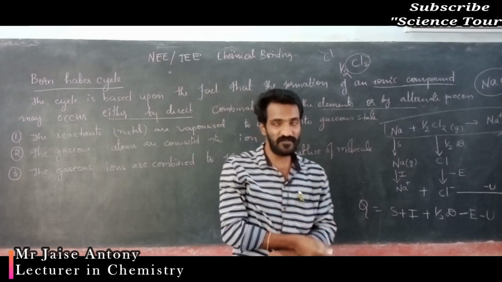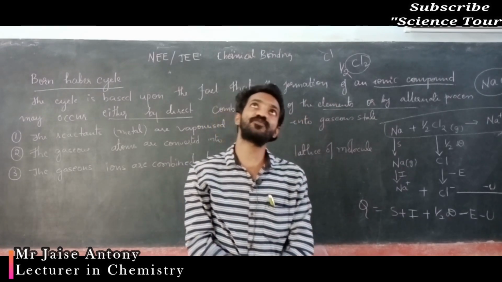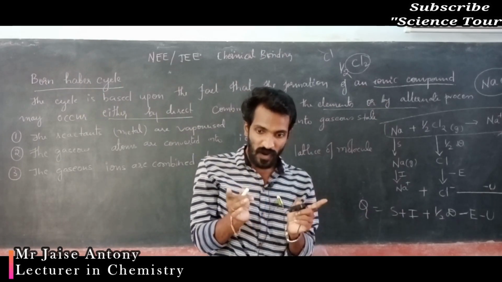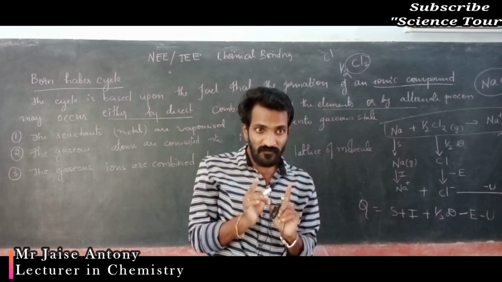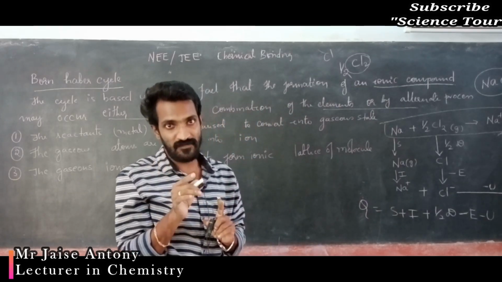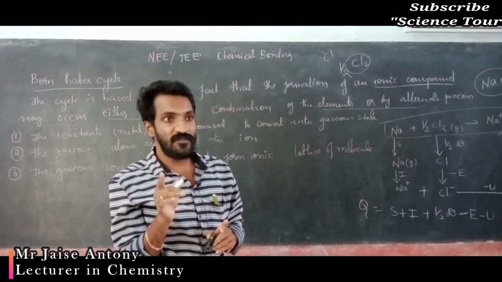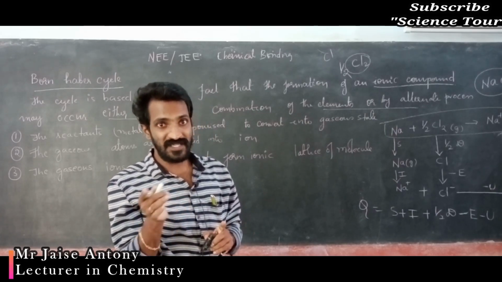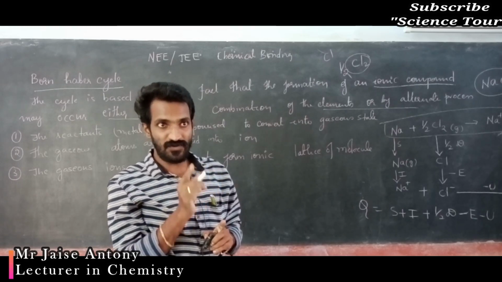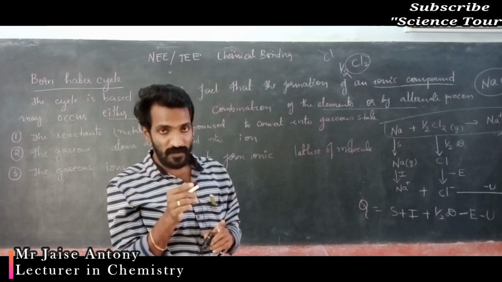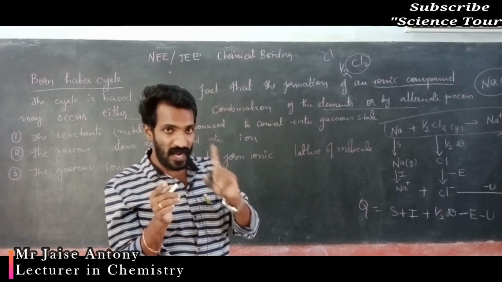Understood? Don't get confused. So sir, you wrote half chlorine, does it mean chlorine is cut? No, not like that. Chlorine has two atoms and I need only one atom. I can't write a single chlorine atom in this reaction, because it is not stable. If it were stable you could write it. Since it is not stable, you have to write the chlorine molecule, and from that molecule we take only one atom for the reaction.